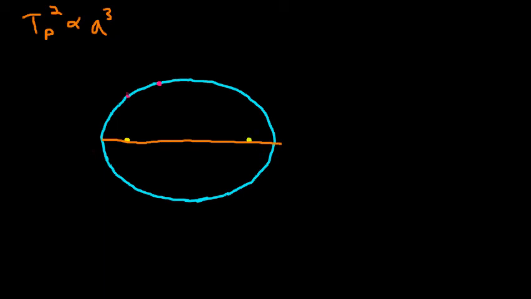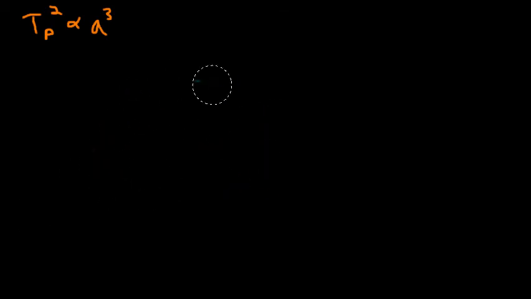His third law simply states that the time that it takes for a planet to move all the way around in orbit, that squared, is proportional to the semi-major axis of the ellipse cubed.